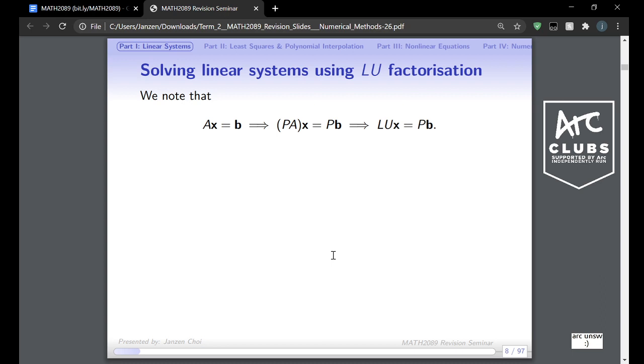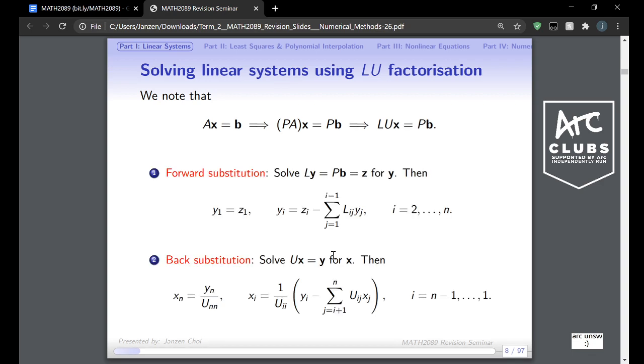Yeah, so solving linear systems using LU factorization. The idea of this method is to solve two linear systems instead of solving one complex linear system that involves inverting the matrix, which can be annoying and computationally burdensome. So the process starts by multiplying both sides of the system by P, as you can see here, PA, Pb, and changing the PA to LU.